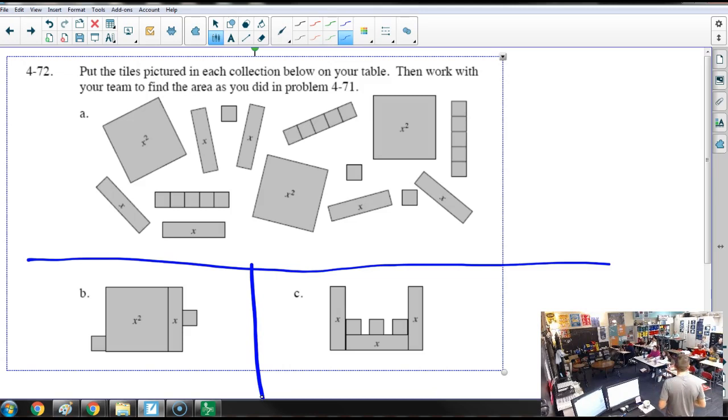Once you have them out, write an expression on your paper for what you have.